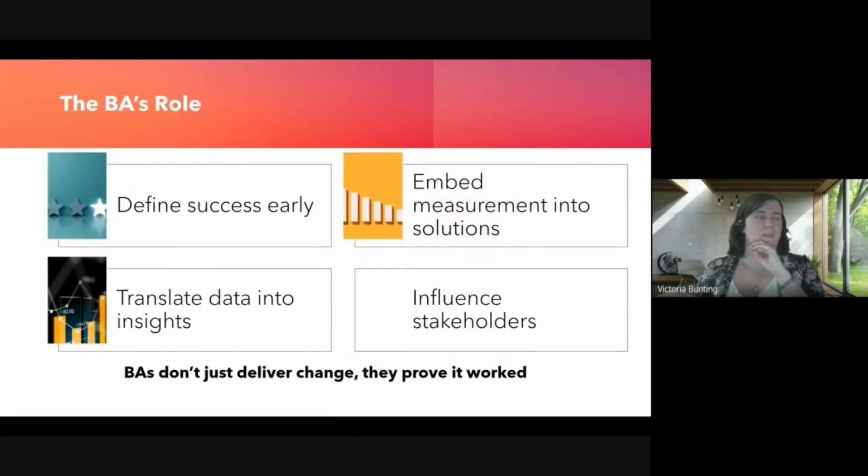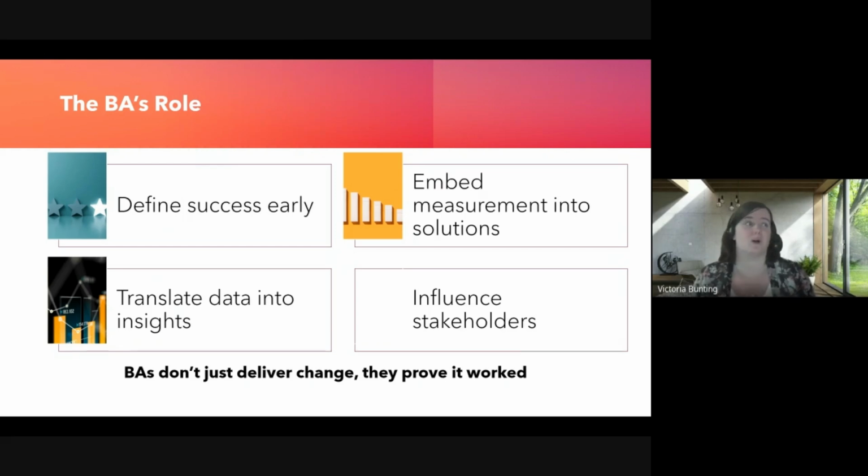So the BA's role. This is where BAs play a critical role. We define what success looks like, and we do that early. We embed measurements early and make sure that we have all that fully defined. And we can turn those numbers into insights. We can then really look at that data, whether that be numerical or the verbatim, and make sure that we've got that data.